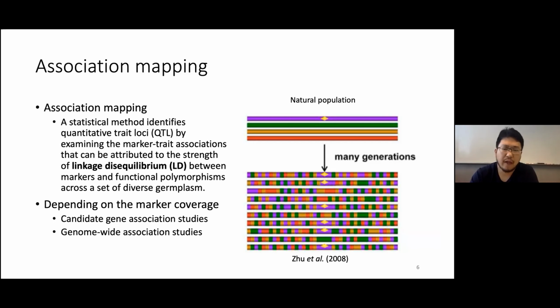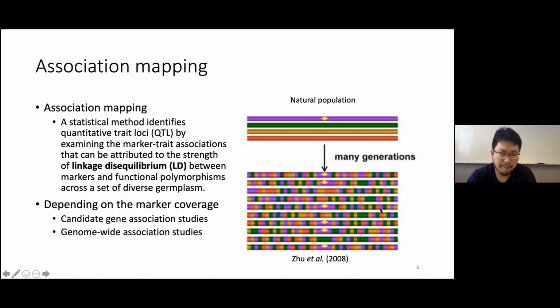Instead of creating a population, association mapping utilizes natural populations. Researchers go out and collect existing lines that have been out there for a while and take advantage of historical recombinations in the population.